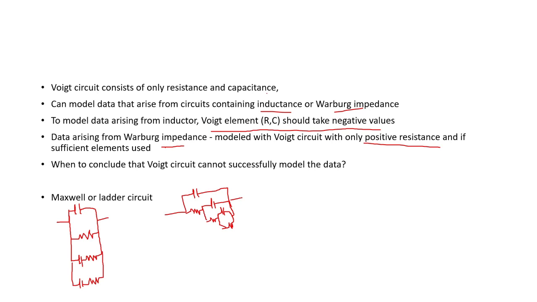But we should be able to correlate some phenomena in the system. Sometimes it is easy to do it with Maxwell or sometimes with the ladder. We may not be able to do it with Voigt, but for fitting the data as such, I think it should be interchangeable.